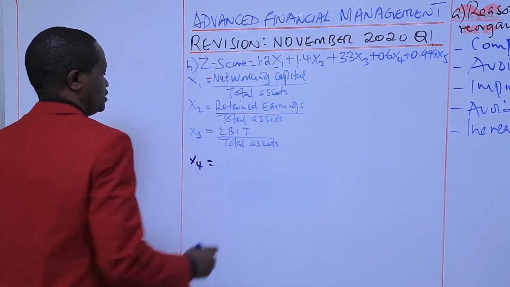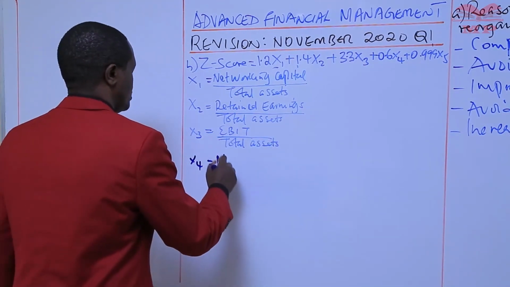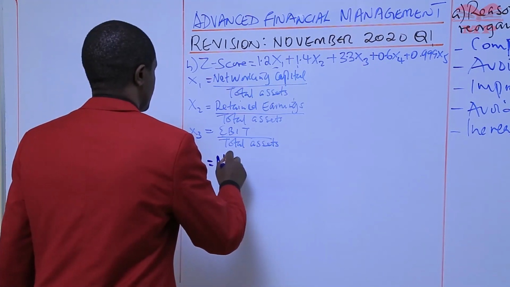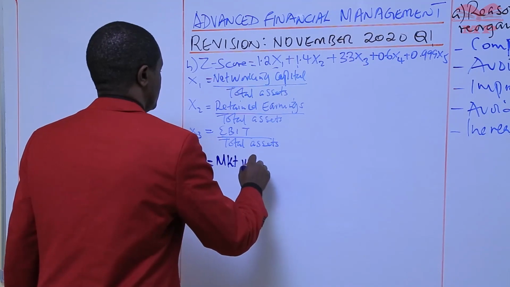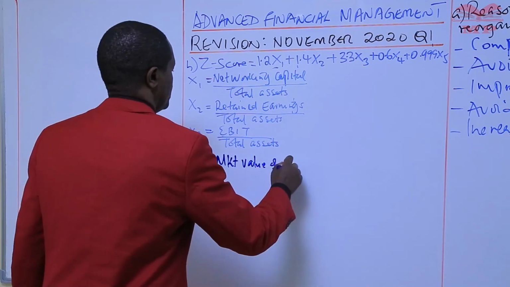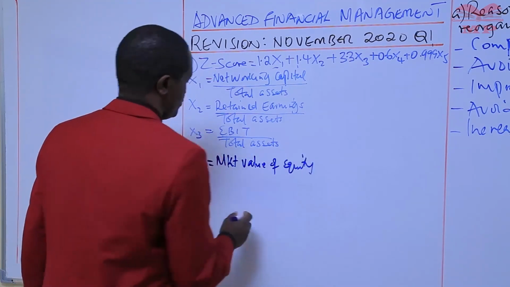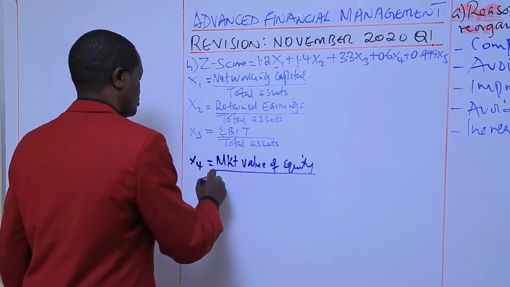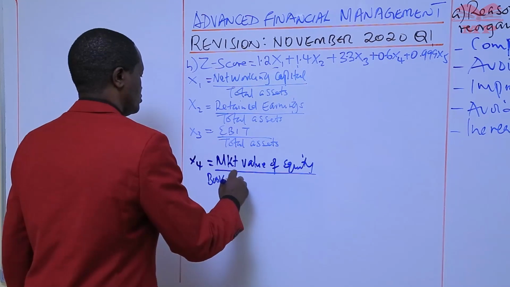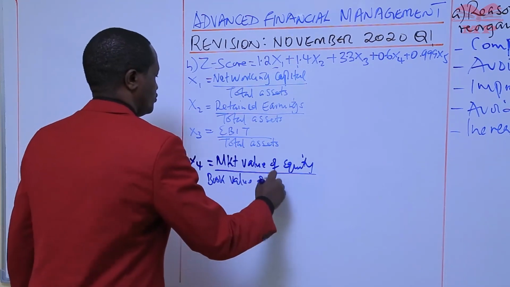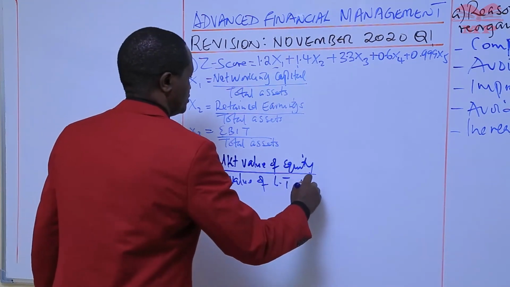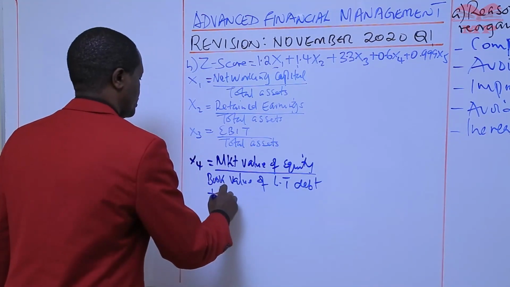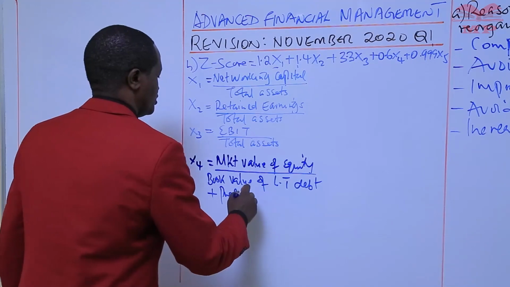X4 is equal to market value of equity divide book value of long-term debt plus preferred share capital.